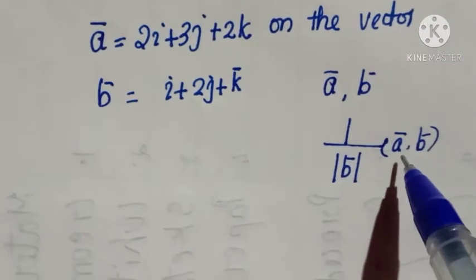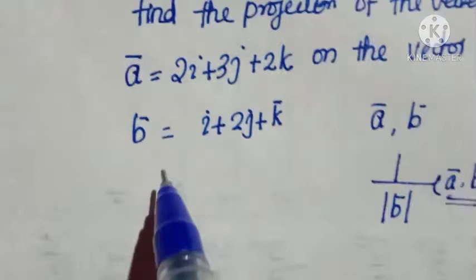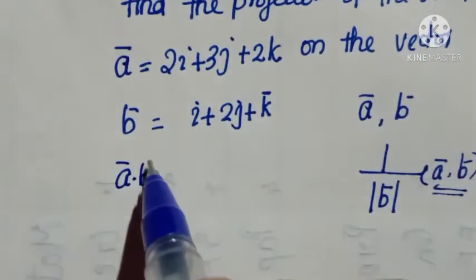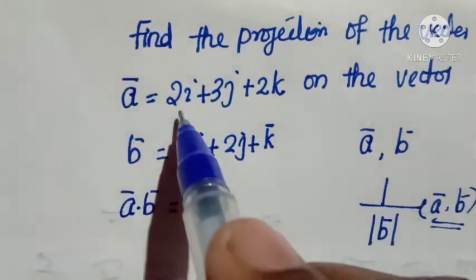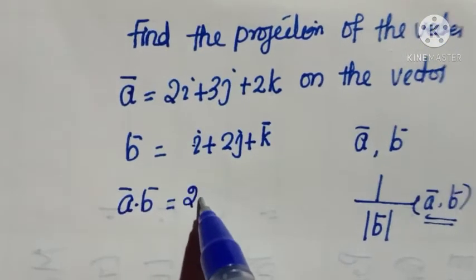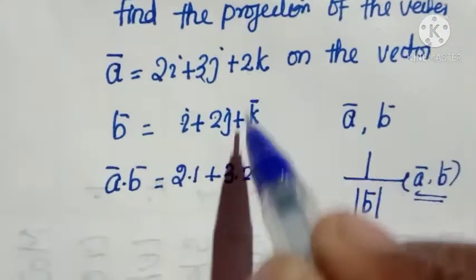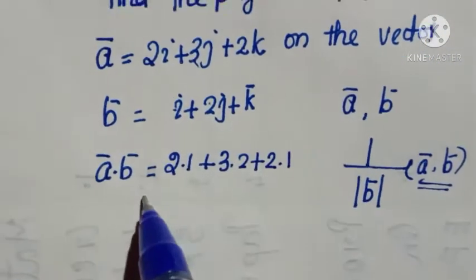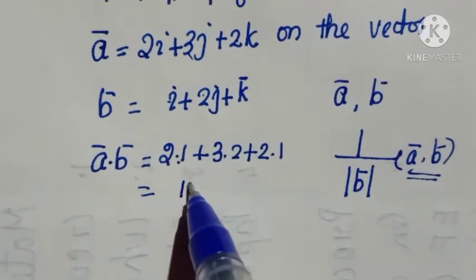So here we need to find A dot B, then the magnitude of vector B. Let's start. A dot B is equal to, just multiply the coefficients, 2 into 1 plus 3 into 2 plus 2 into 1. So it is 2 plus 6 plus 2, that is 10.